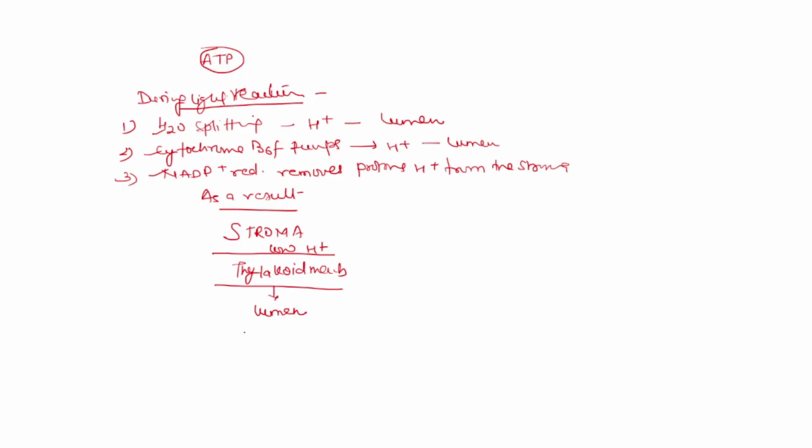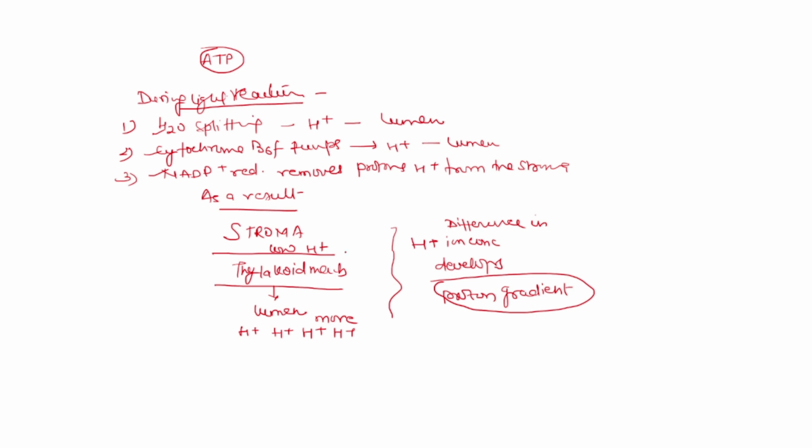So lumen has more H plus ions. Now this difference in hydrogen ion concentration across the thylakoid membrane develops a proton gradient.